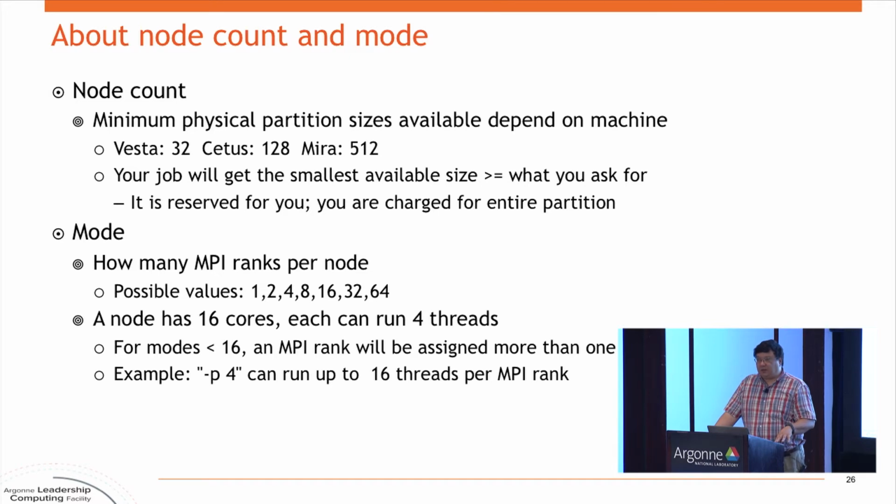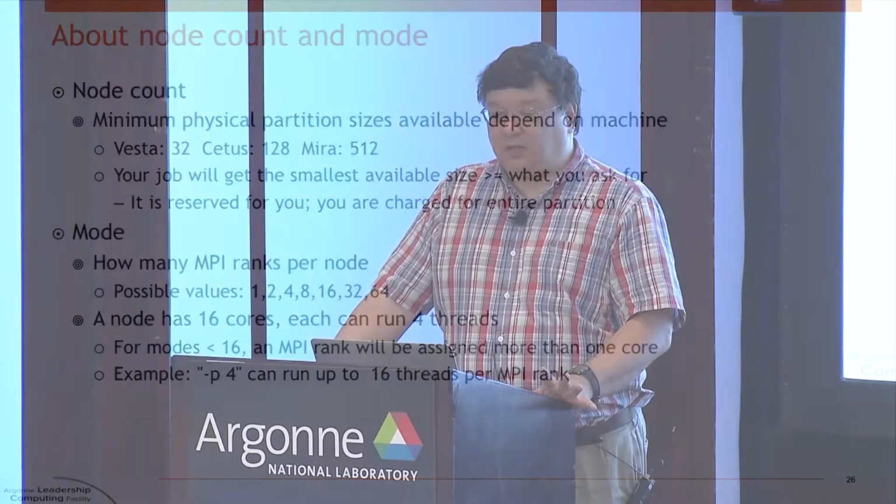So the I/O nodes in the Blue Gene architecture, I didn't have time to describe it all in gory detail, but essentially there are I/O nodes embedded in the system that each are in charge of a set of compute nodes. And those two factors between the torus and the I/O node size determine what units you can boot independently in the machine. So Vesta has more I/O nodes per compute node than the other machines.